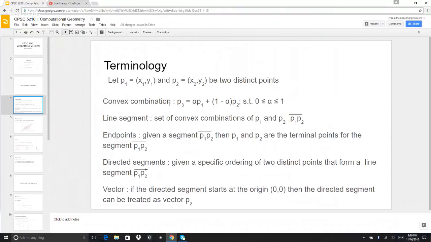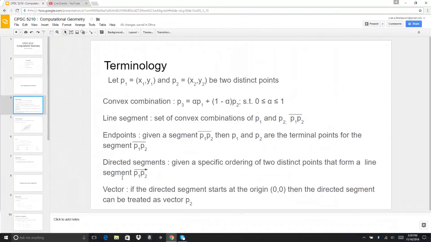Now, as I pointed out before, in a convex combination you could have alpha set to 0, where the point could lie on P2. But once you label these two points P1 and P2, that's what you're accounting for. So even though there could be a point on the endpoints, once you've given this designation, P1 could be considered your origin at some point. What's important to note is that in this notation, P1 and P2 represent the ends of the line.